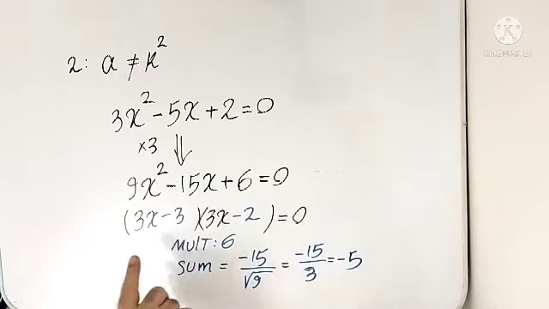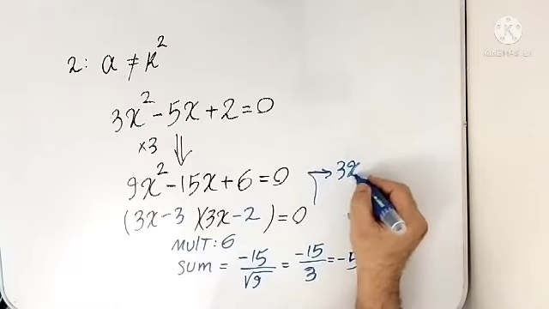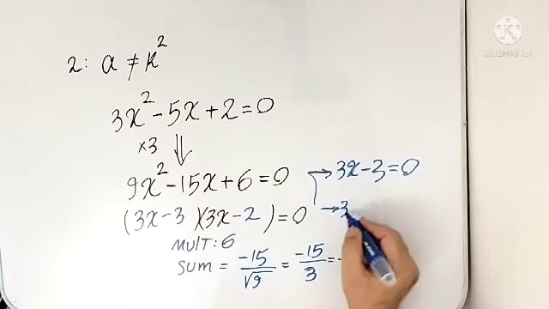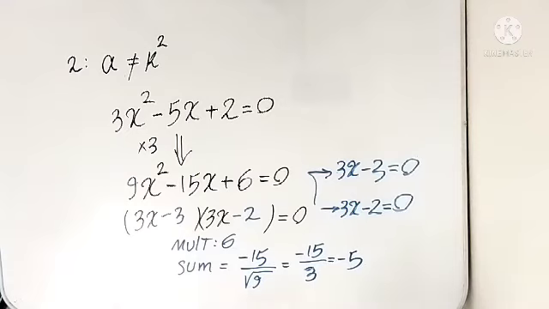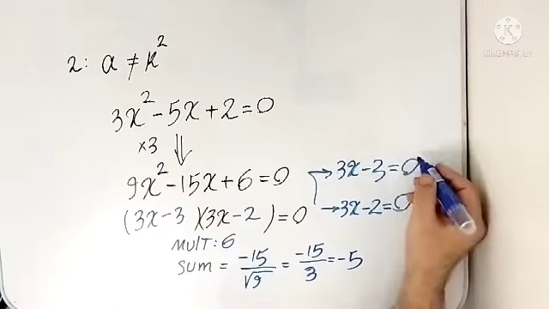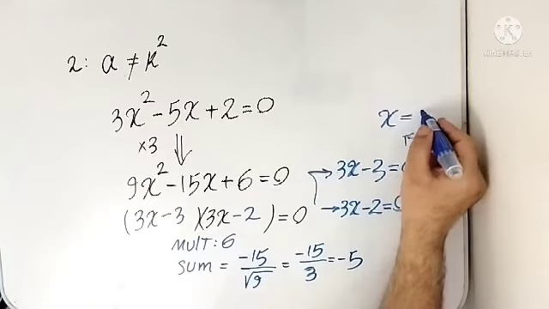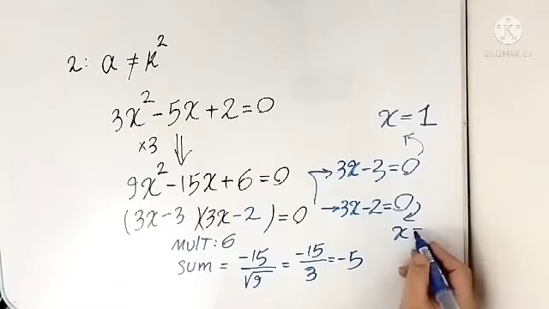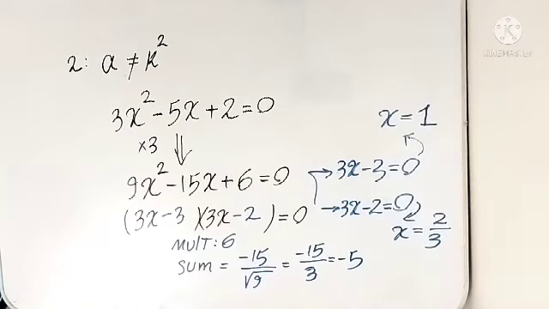Put these numbers in these parentheses and set each of the parentheses equal to 0. We have two equations that solve this equation. From the first equation, the result is x equals 1, and from the second equation, the result is x equals 2 divided by 3.